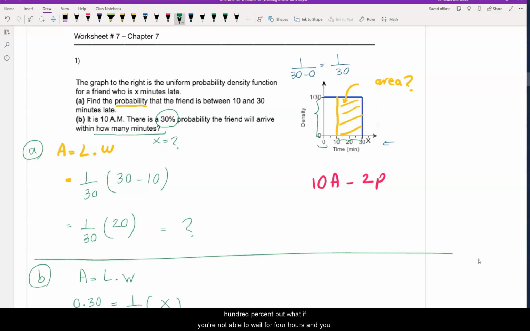But what if you're not able to wait 4 hours and you can wait from 10 a.m. to, for example, 1 p.m.? So you can wait for 3 hours instead of 4, and you're trying to see what the probability is to receive your package.